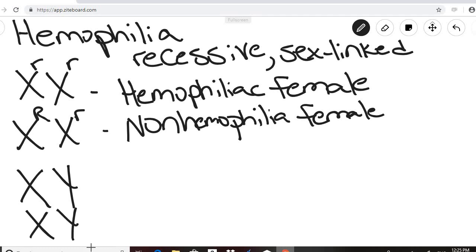For a male, a male has the X and Y chromosome. If the male looked like this, that would be a non-hemophiliac male.